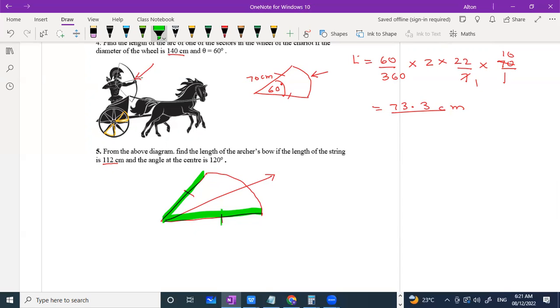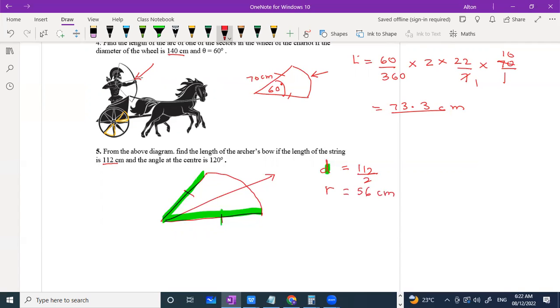let's work it, and then I'll just show you something. We can manipulate that formula there. So diameter is equal to 112. Radius is equal to, let's divide that by 2, this will be 56 centimeters.